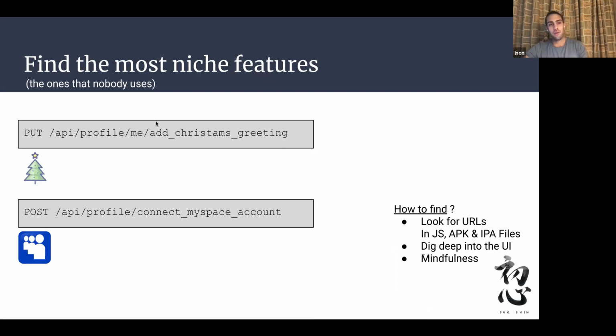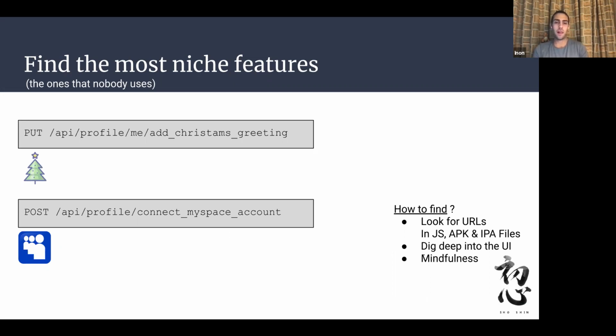Another tip that I can give you is to find the most niche features. If you perform a pen test for an application, and it's not only APIs, by the way, it's every type of application, I wouldn't focus on the main endpoints. So if we talk about Facebook, the endpoint of post comment is less likely to be vulnerable.